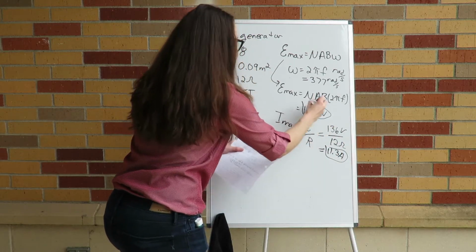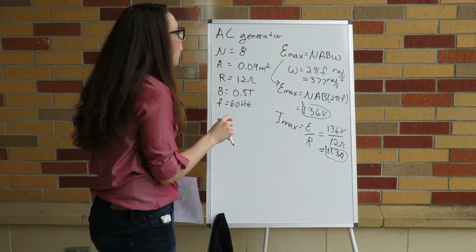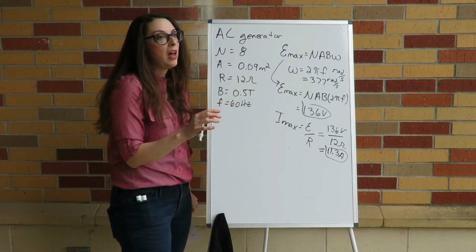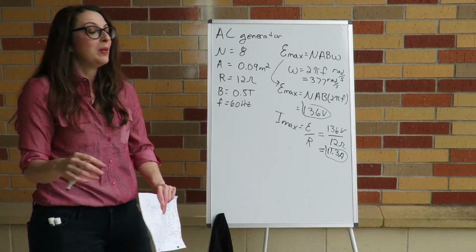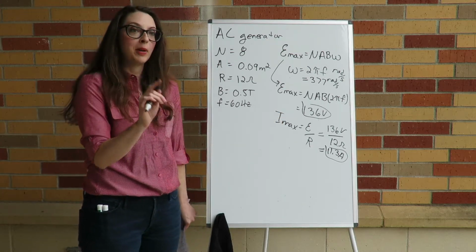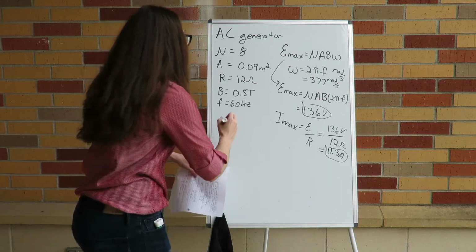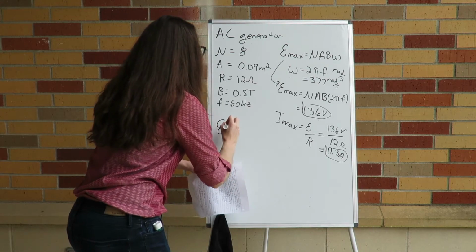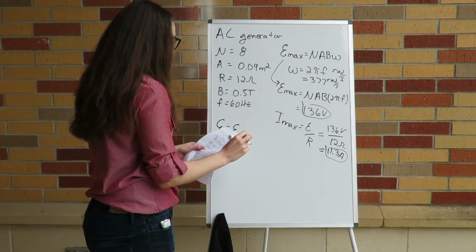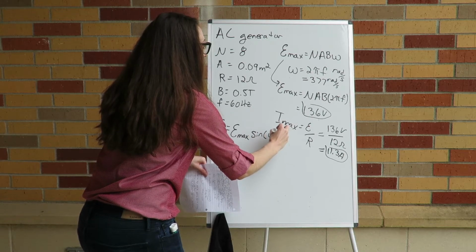So if we wanted to figure out the EMF or the current at any time, not just whenever it achieves its maximum current or EMF, because this is an alternating current generator, then we can use the following equation: the EMF at any time is equal to the maximum EMF times sine of omega times t.